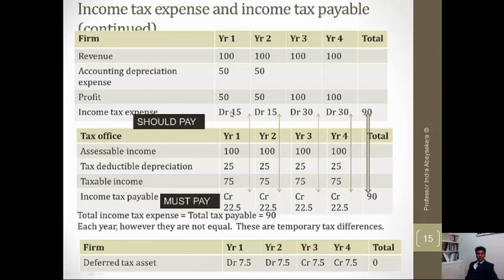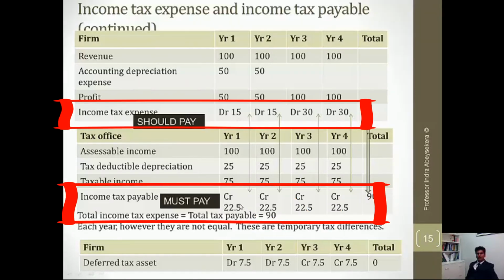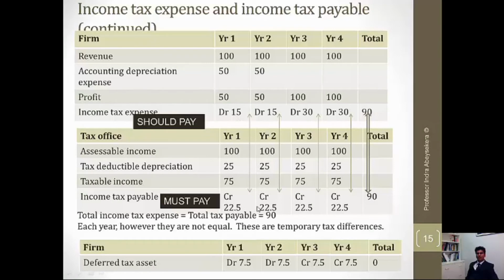We can notice that looking at each year, income tax expense does not equal income tax payable. But if we add all the income tax expenses and all the tax payable, they are equal. But across years, they are unequal.